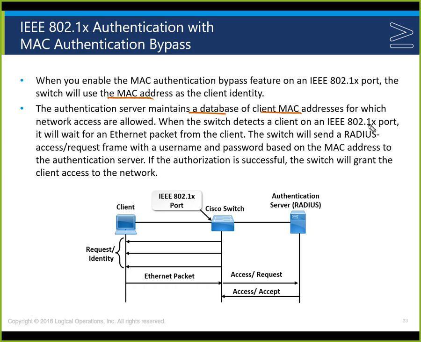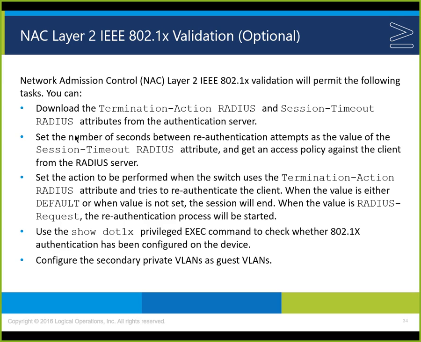When the switch detects a client on an 802.1x port, it'll wait for an Ethernet packet from the client. It sends a RADIUS access request frame with the username and password based on the MAC address to the authentication server. If the authorization is successful, the switch will grant access to the client. So this is another one of the exceptions, where we're not actually going to use the username and password for these things.